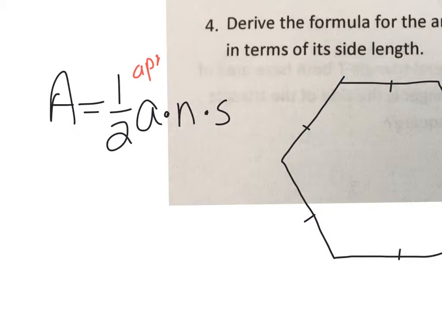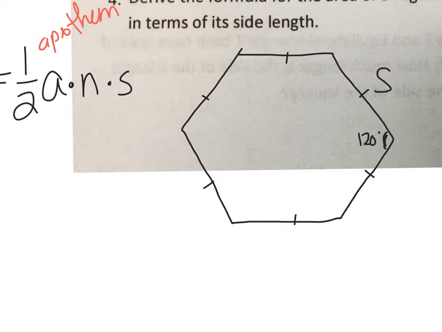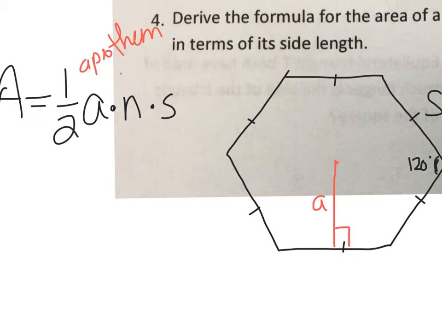The apothem is the length of the line from the center of the polygon perpendicular to any side. N stands for the number of sides, and S is the side length.